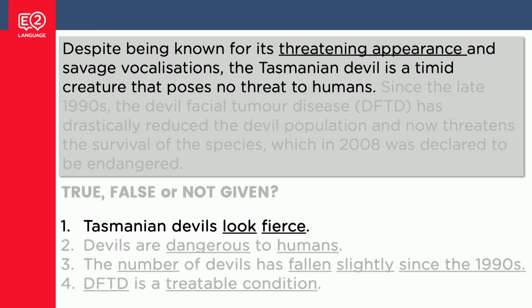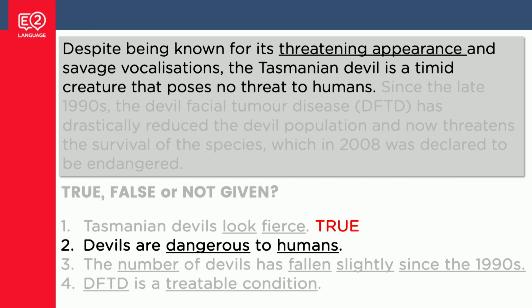I can see it here. And step 3, I need to slow down and read carefully. Despite being known for its threatening appearance and savage vocalizations, the Tasmanian devil is a timid creature that poses no threat to humans. So does the Tasmanian devil look fierce? Well, it has a threatening appearance, so this is true. They have the same meaning.